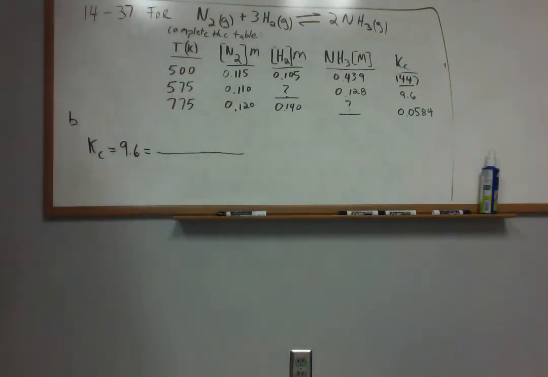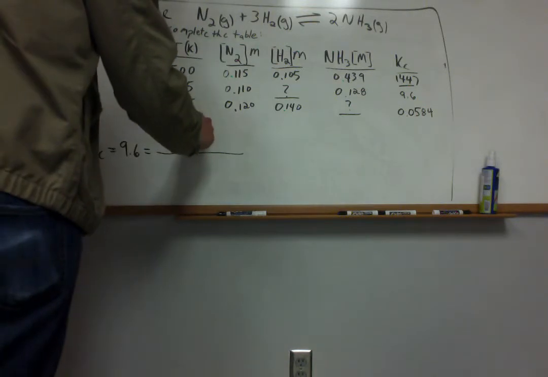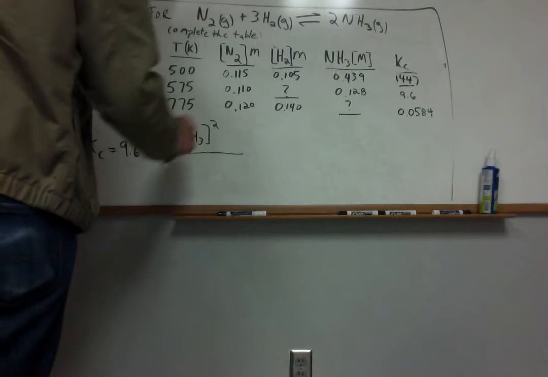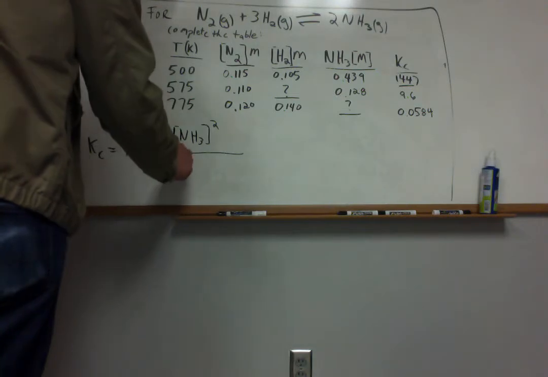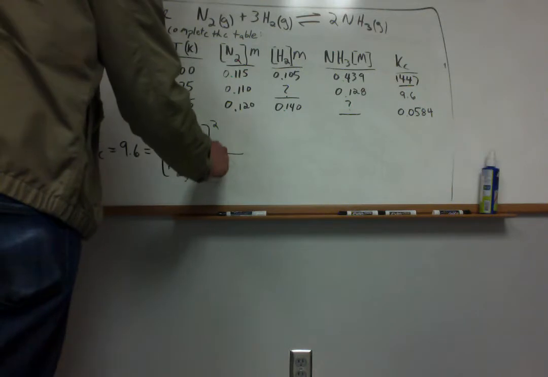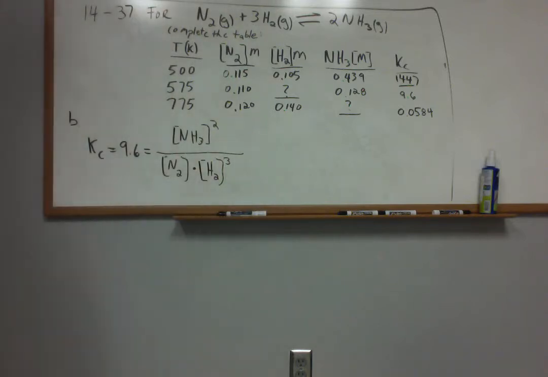and write our ratio. Products divided by reactants raised to stoichiometric coefficients. So my ammonia goes up here again, just as it did before. I'm going to square that. In the denominator, I'm going to write my nitrogen concentration and my hydrogen concentration. Got to raise this one to the 3rd power. All right.